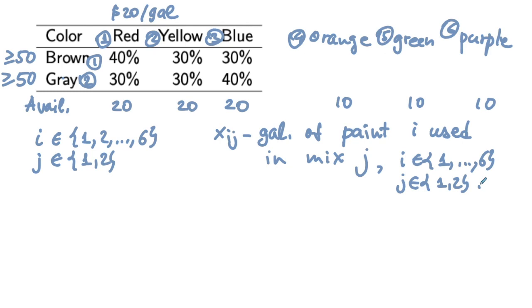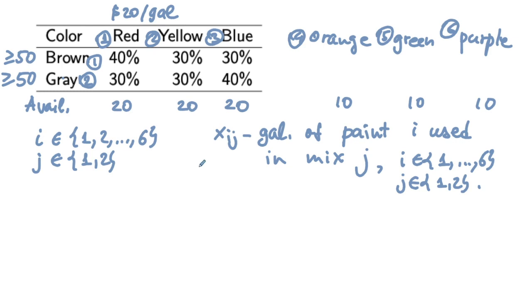Now, in addition to these decision variables that describe the technological process, we also need to specify the decision variables that will describe how much of each of the primary paints we are going to purchase. And these are the decision variables that really define the objective.